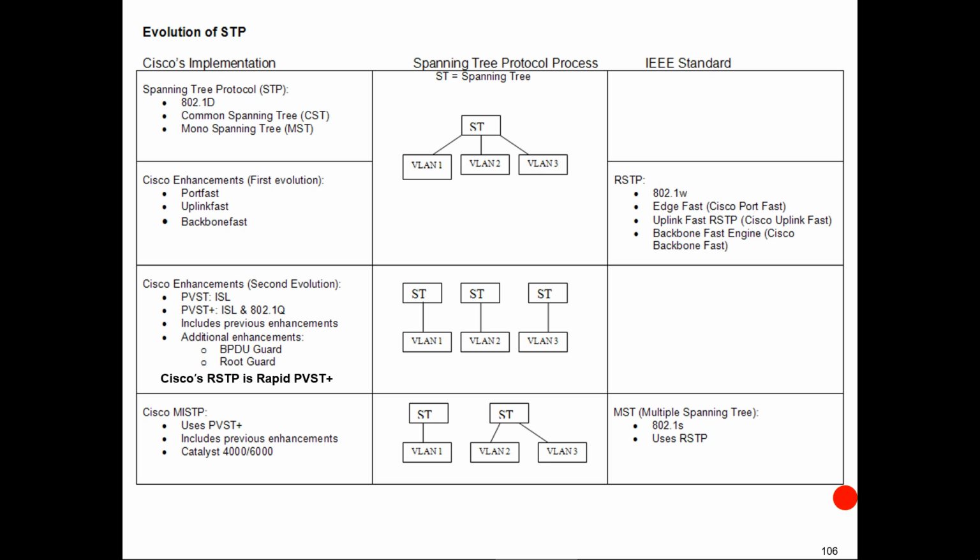Our new definition of MST is multi-spanning tree, which is different from our mono-spanning tree. Our multi-spanning tree is known as 802.1S, and it uses rapid spanning tree.